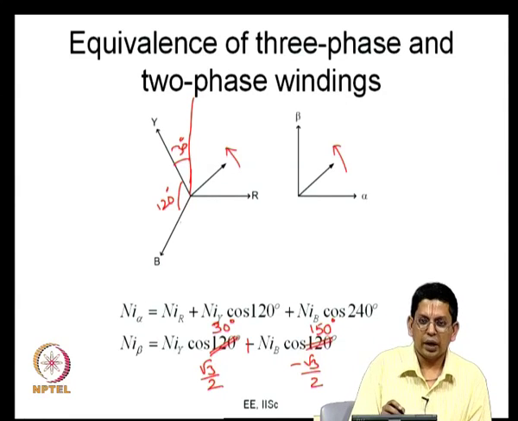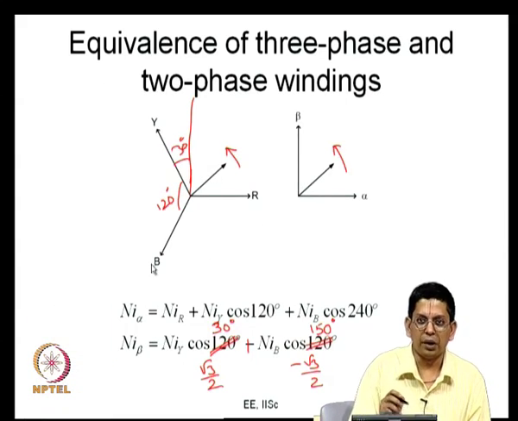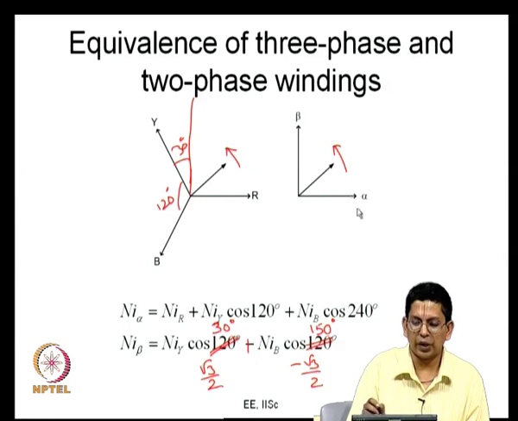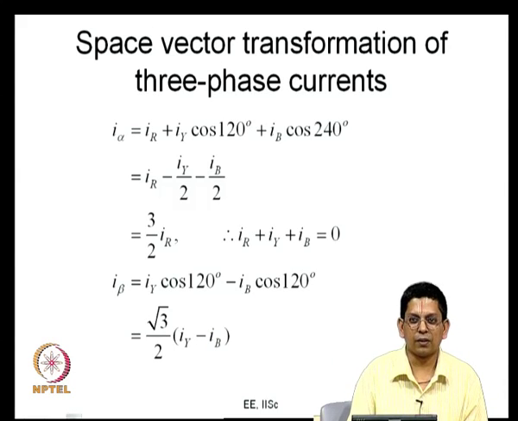So, whatever revolving MMF is produced by a 3 phase winding R Y B can also be produced by a 2 phase winding alpha and beta whose axes are separated by 90 degrees, provided your I alpha and I beta satisfy the two equations given here. That is what I am writing down in the next slide.